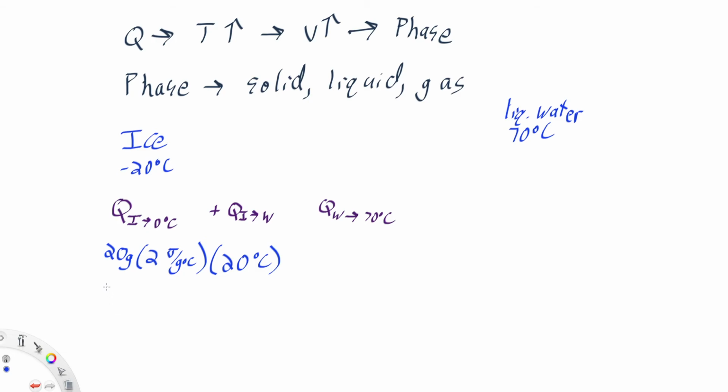Right, so this is our MC delta T from before the break. And once you've got liquid water, you also have to do an MC delta T: 20 grams, 4.18 joules per gram degree C, 70 degrees.